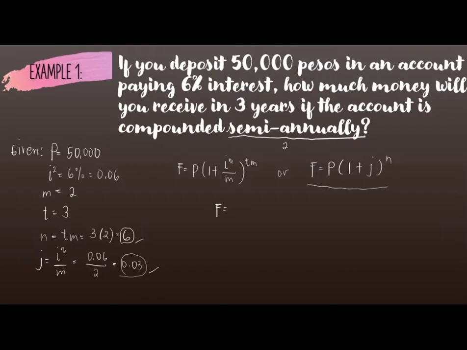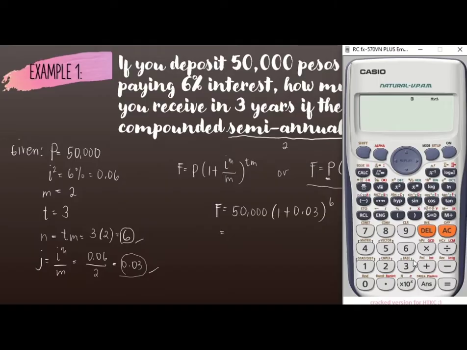Okay, so F is equal to, si P that is 50,000 pesos. So, 50,000 times 1 plus J, yung J is 0.03. So, input natin dyan 0.03. Raised to N, exponent is N, that is 6. Okay, so now compute. Solve natin using our calculator.